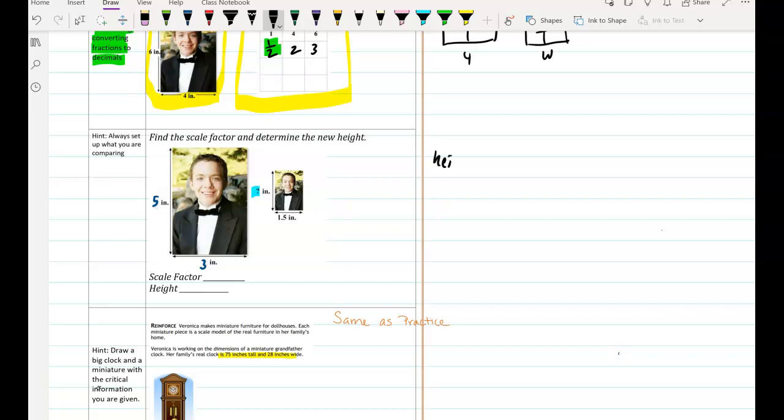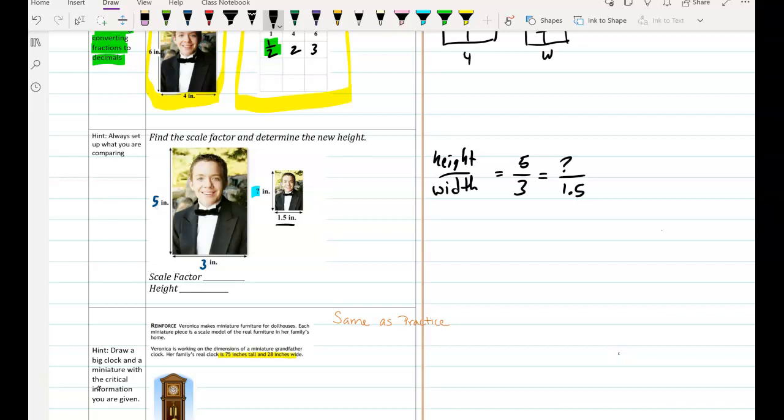We're going to set up the height compared to the width, and the height is 5, the width is 3. And in our new one, we don't know what the height is, but we do know that the width is 1.5. So we're trying to find the height.